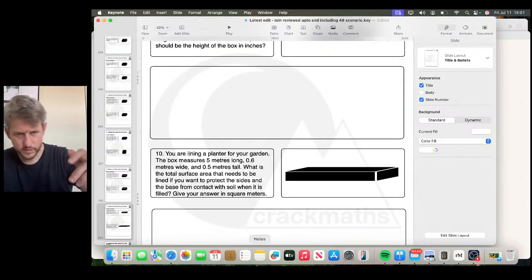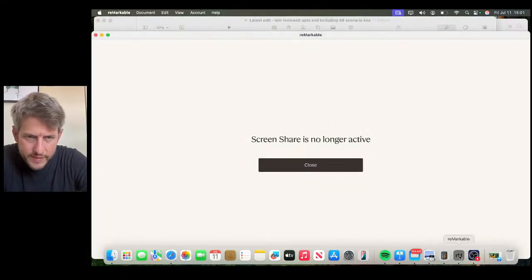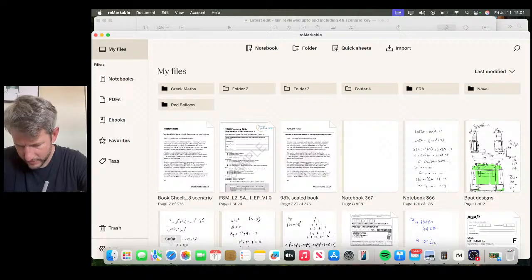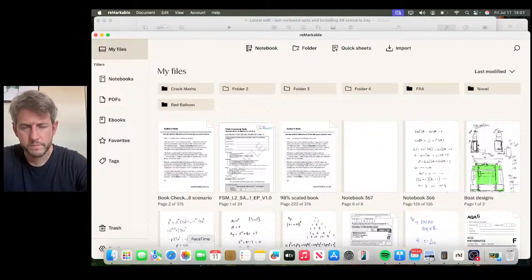Okay, right, there we go. I think that'll be fine. I'll have another look at that later. Close. Oh, my share's no longer active. Stop sharing. Right, where is it?